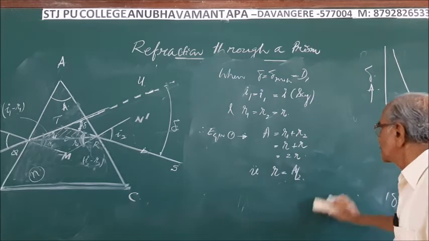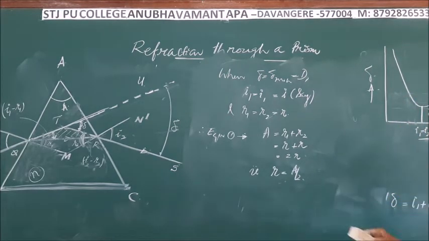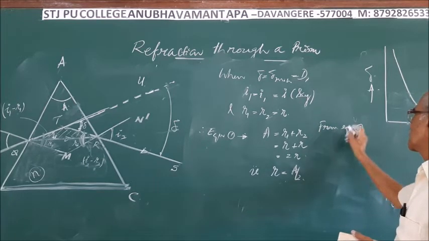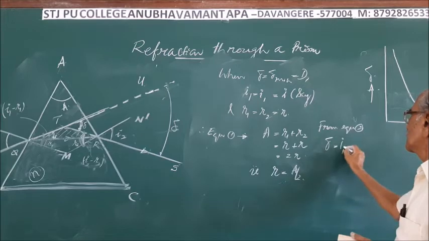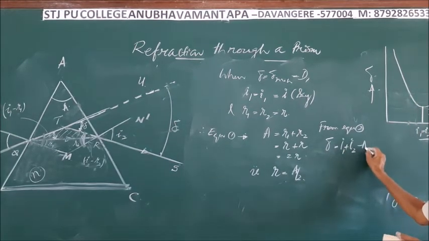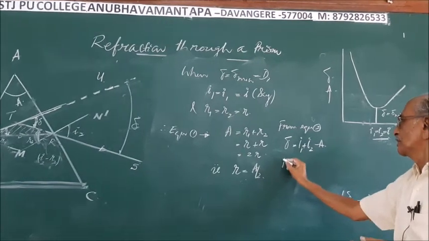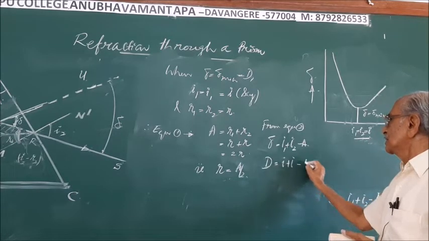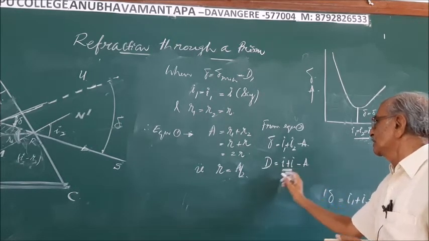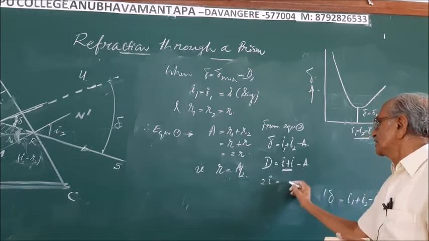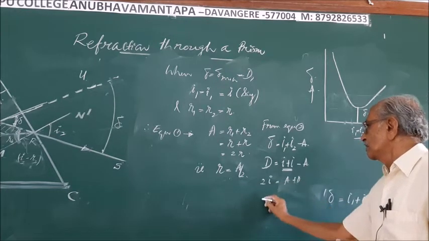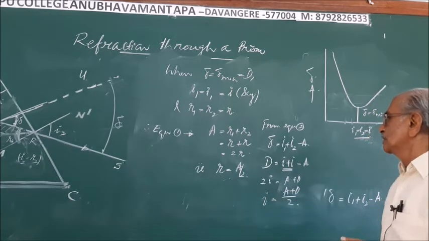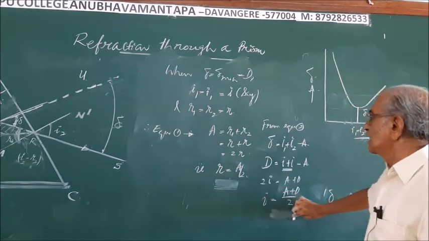Again, from equation 2, delta equals I1 plus I2 minus A. When delta is minimum, you have capital D equals I plus I minus A. That is, 2I is A plus D, or I is (A plus D) upon 2. So you have R and I.